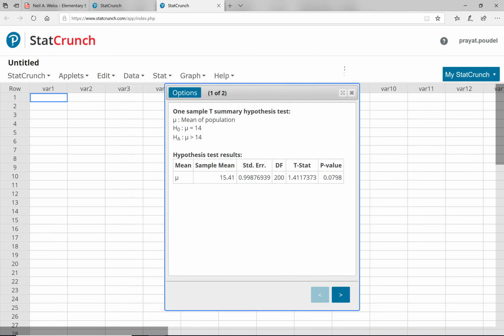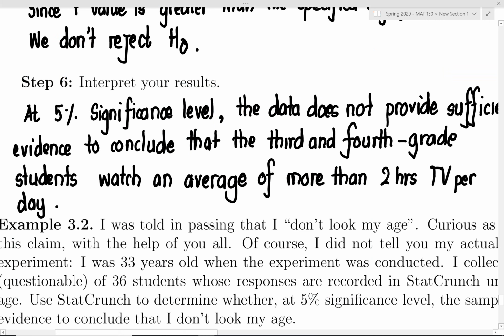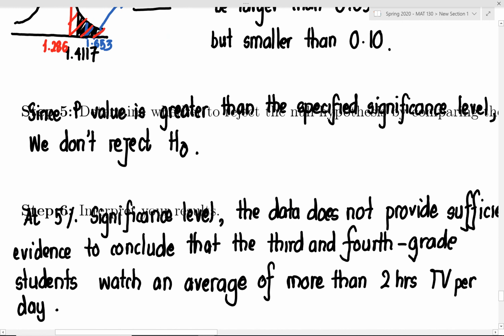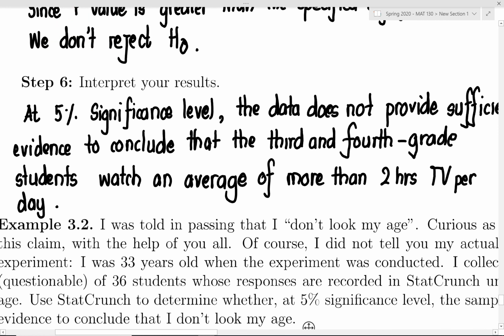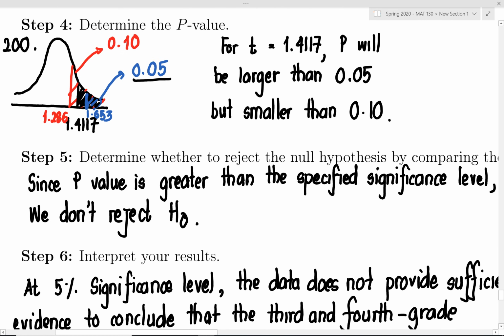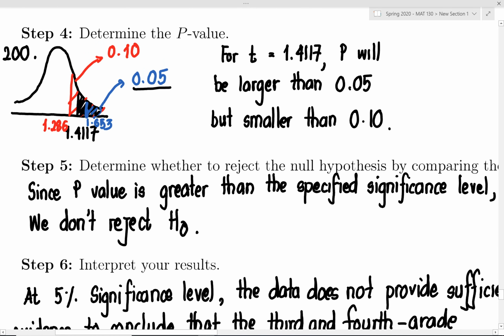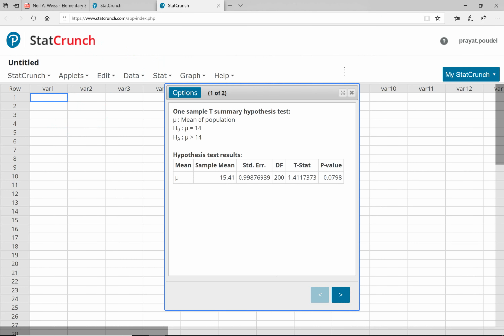So again, we figured out our t-stat earlier, which was 1.4117, but remember, all we could say about the p-value earlier, if we go back to our sheet, is that p was between 0.05 and 0.10. However, if we use information from StatCrunch here, we can actually say that the p-value is 0.0798.